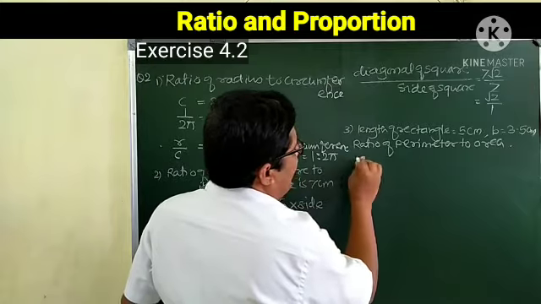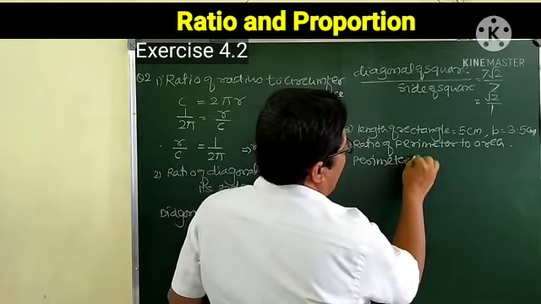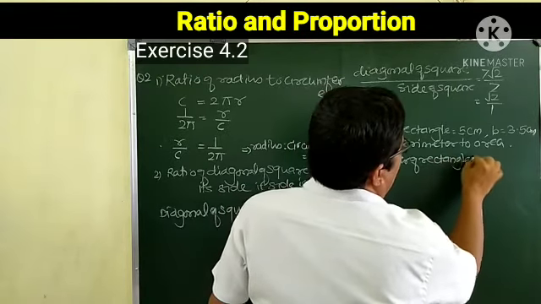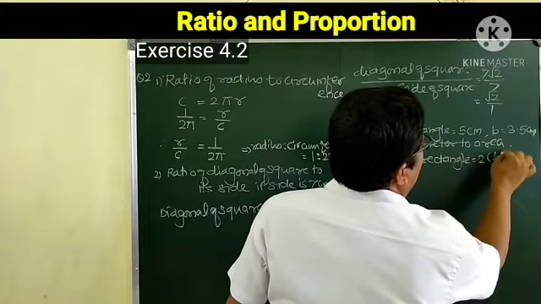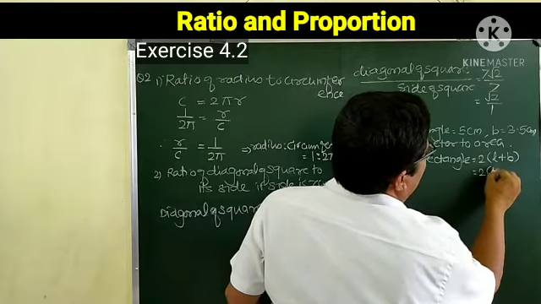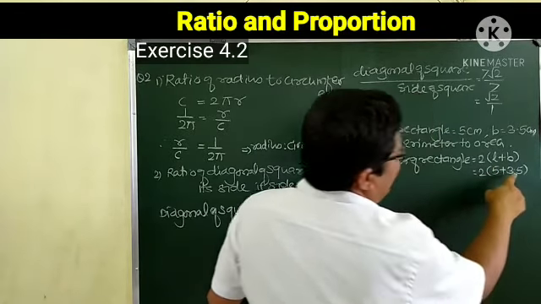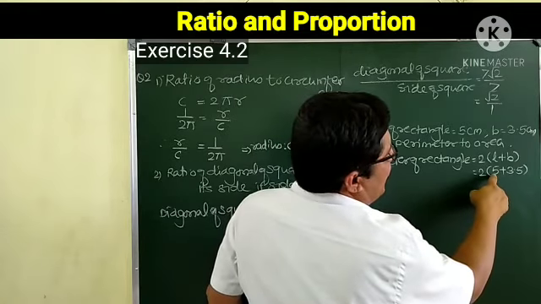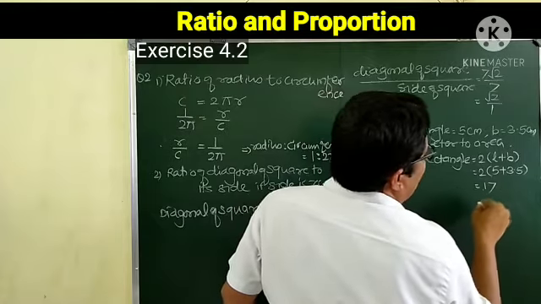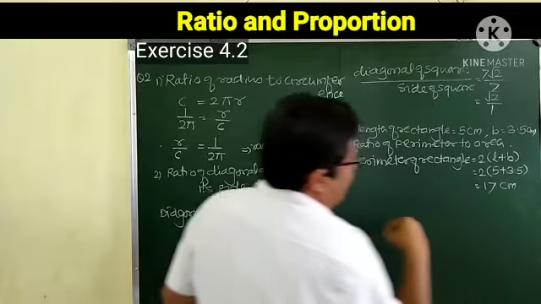So first of all we will find out perimeter of rectangle. 2 in bracket L plus B. So 3.5 plus 5, that is 8.5. 8.5 multiplied by 2 is 17 centimeter.